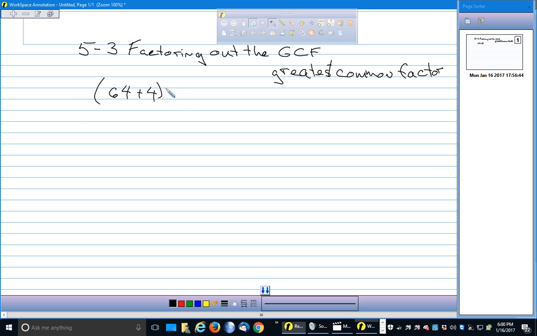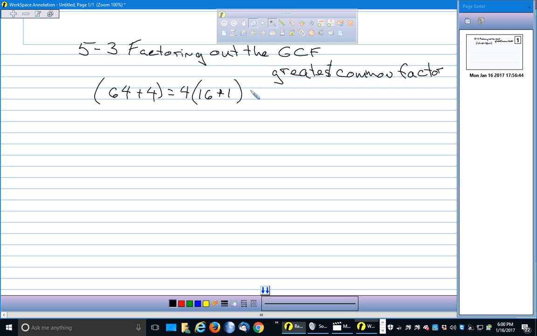So if you have a 64 and a 4, both of these contain a 4, so I can pull out the GCF, which probably you guys already know, which is 4, and since 4 times 16 gives you 64, and 4 times 1 gives you 4, I could rewrite this expression as 4 times (16 plus 1).